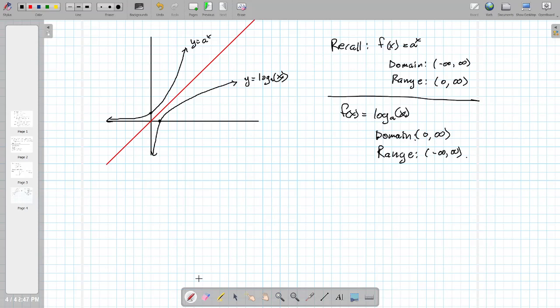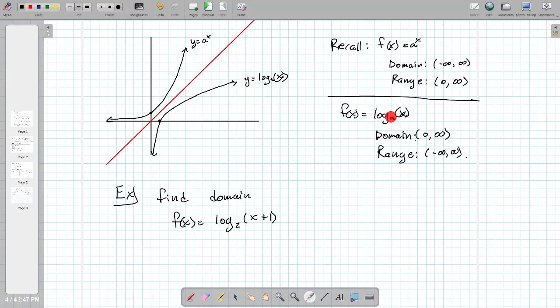So if I was trying to find the domain of a function, for instance, this example here, find the domain of f of x is equal to log base 2 of x plus 1. What would the domain be? Well, notice that our logarithms cannot take a 0 or negative numbers.